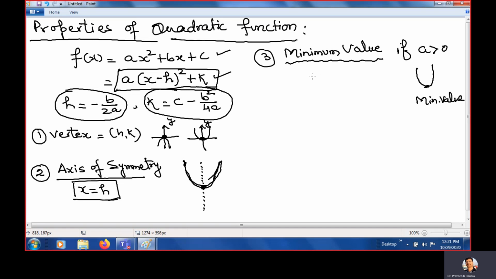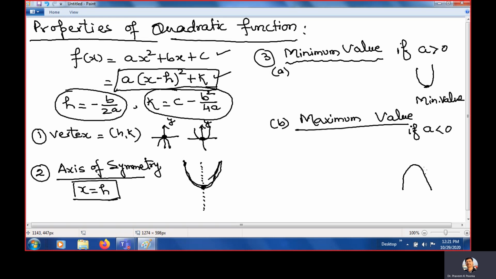And this point, point A, is the minimum value, and point B is the maximum value. The maximum value exists if a is less than 0. So if a is less than 0, this is the parabola, and this point is the maximum value because all values are less. Here all values are greater, and here all values are less. This is the maximum point.